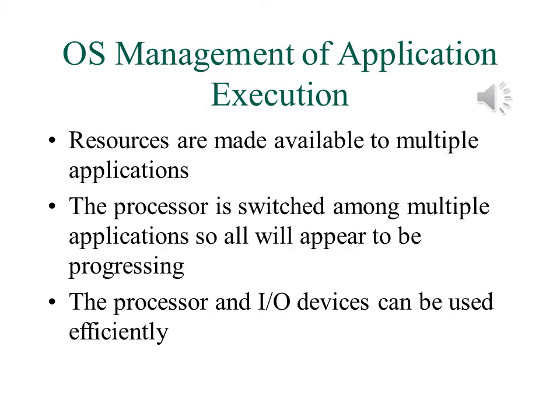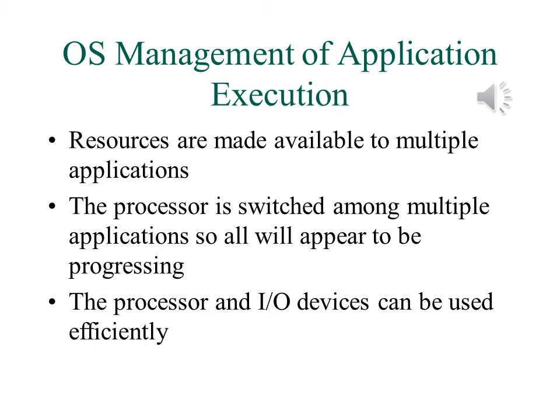Now that we have the concepts of applications, system software, and resources, we are in a position to discuss how the operating system can, in an orderly fashion, manage the execution of applications so that resources are made available to multiple applications, the physical processor is switched among multiple applications so all will appear to be making progress, and the processor and input-output devices can be used efficiently.